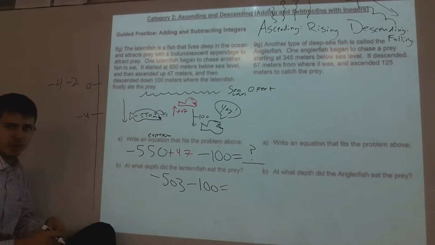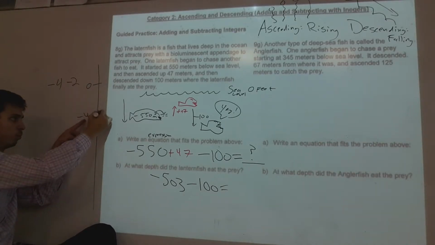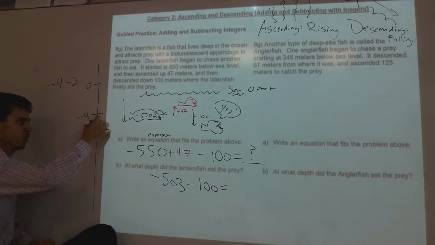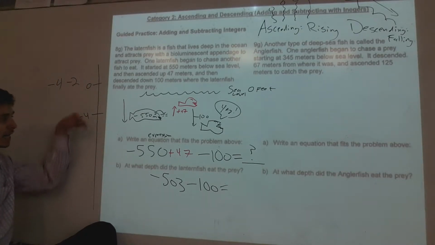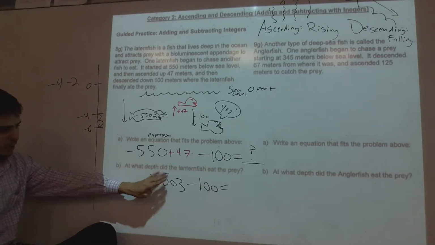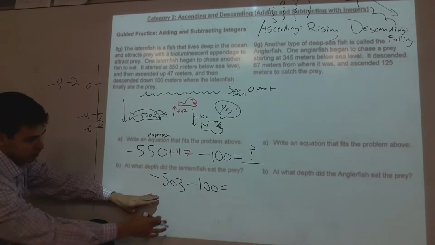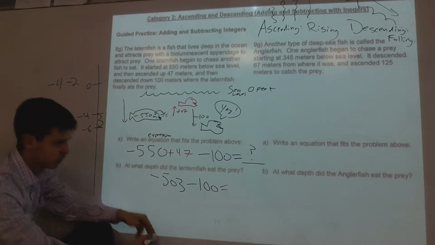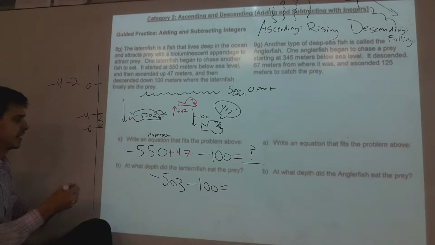Maybe I was swimming in South Padre and I started at negative 4, below sea level, and then I saw a pretty watch on the sea floor. So I subtract 2, I go down 2, I descend 2, so I'm going to go this way and I'll end up at negative 6. So I know that this number has got to be greater, but it's going to be more negative. So it's going to be down further, we're descending.